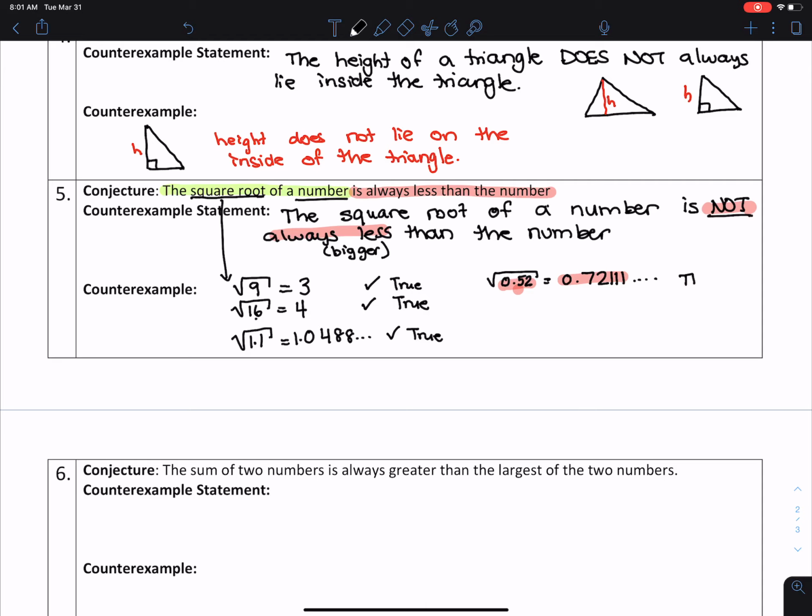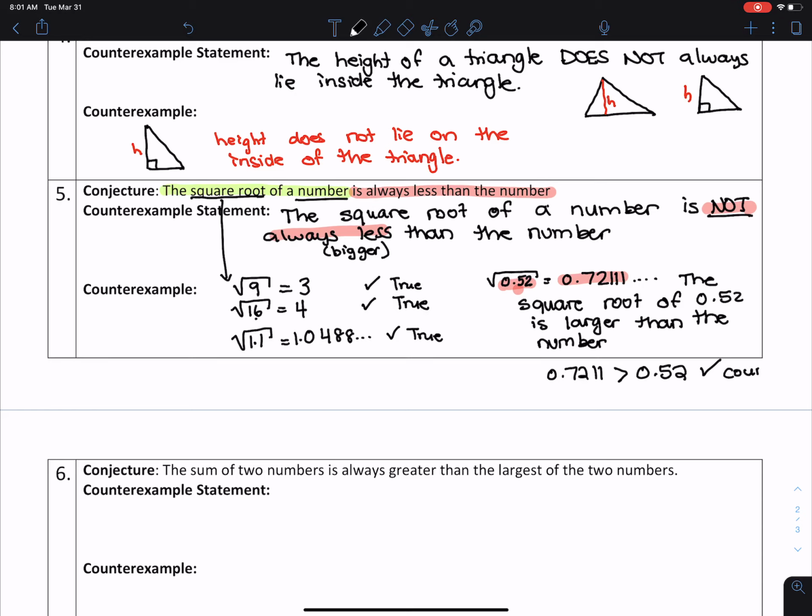So the square root of a number, let's write my number, which is 0.52, is larger in this example than the number. Okay, so here 0.7211 is larger than the number I started with. So this would be my counterexample.